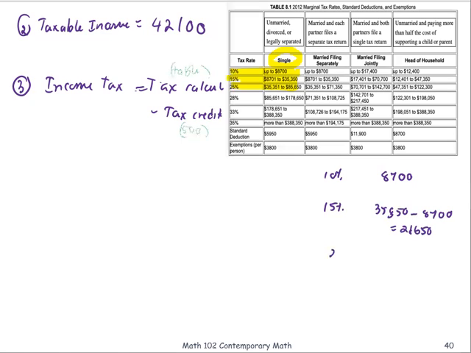And then the last tier, which is 25%, is our taxable income of 42,100 minus 35,350, or the number that we get is 6,750. You can verify it by adding these three numbers. You should get back to the value of 42,100.